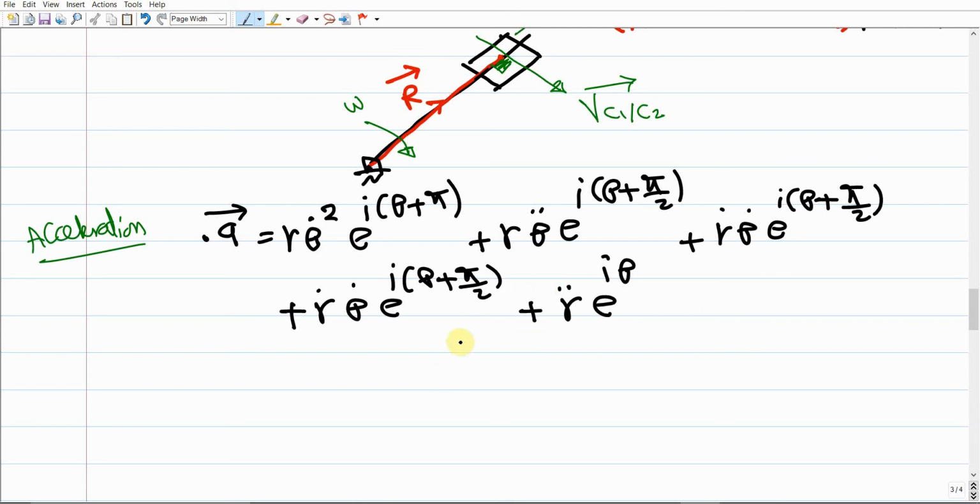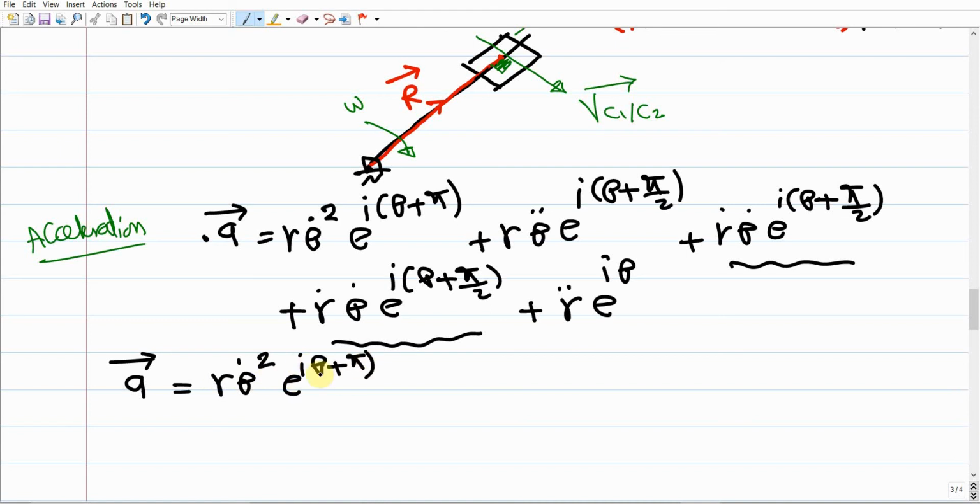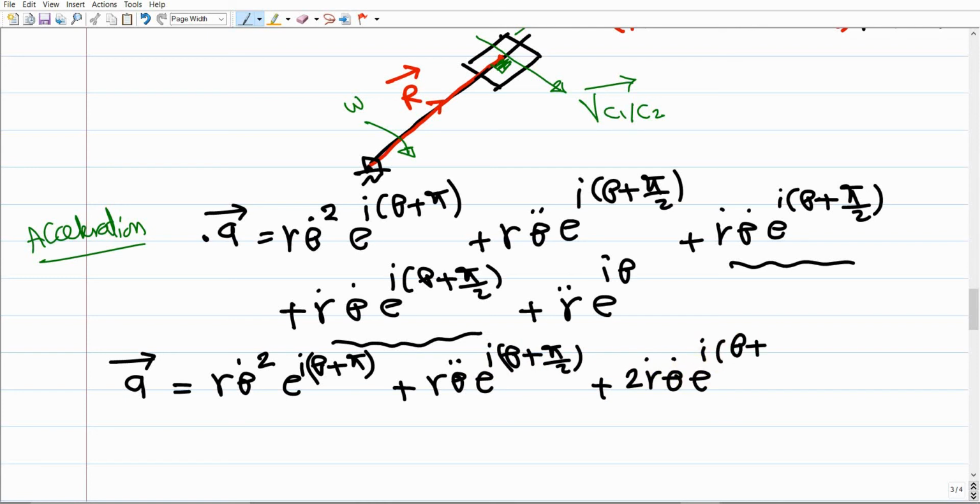As you can see, if you just observe this term and this term, these two terms are identical, so we can combine them together, right? So we can end up with a similar form: r theta dot squared e^{i(theta plus pi)}, plus r theta double dot e^{i(theta plus pi over 2)}, plus 2 r dot theta dot e^{i(theta plus pi over 2)}.